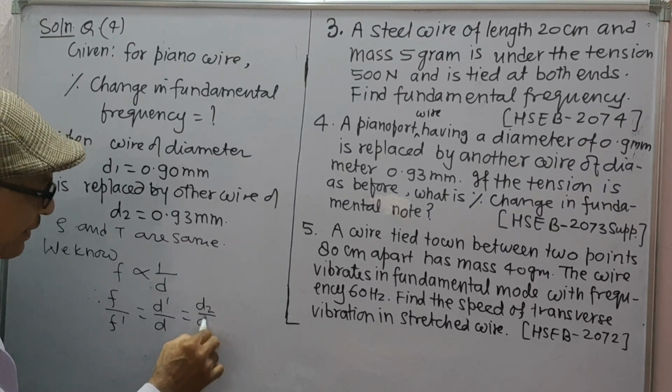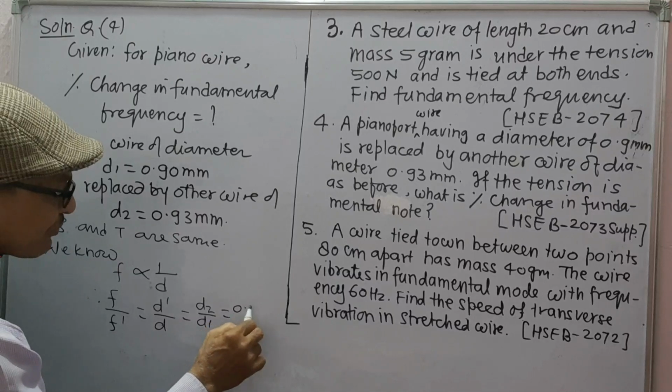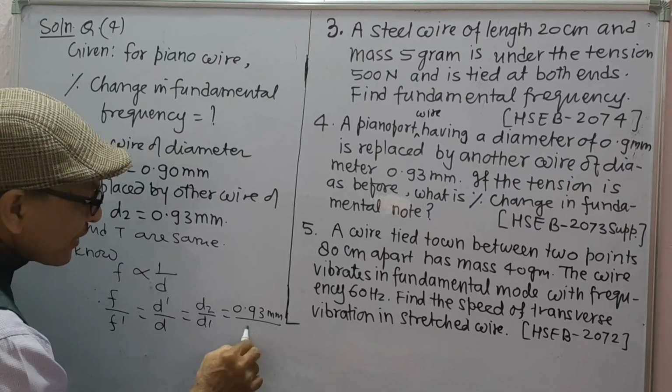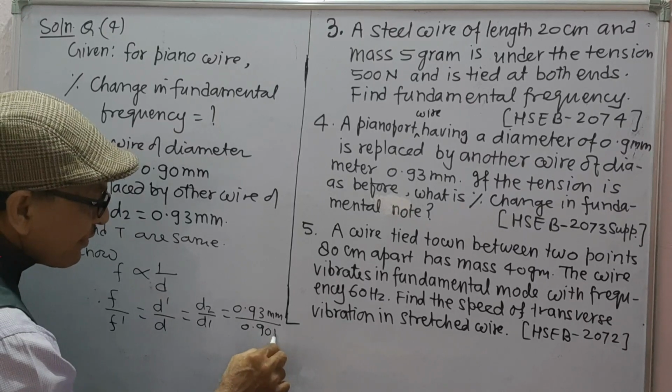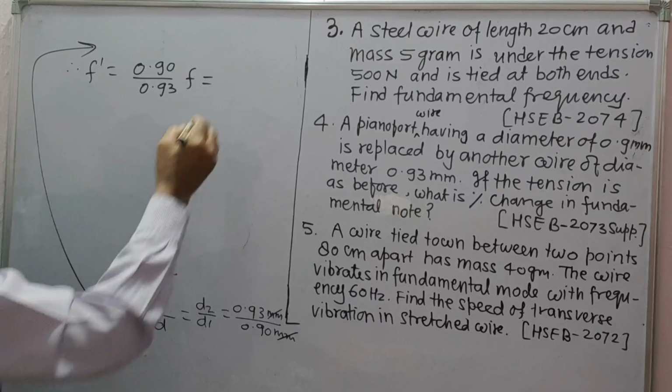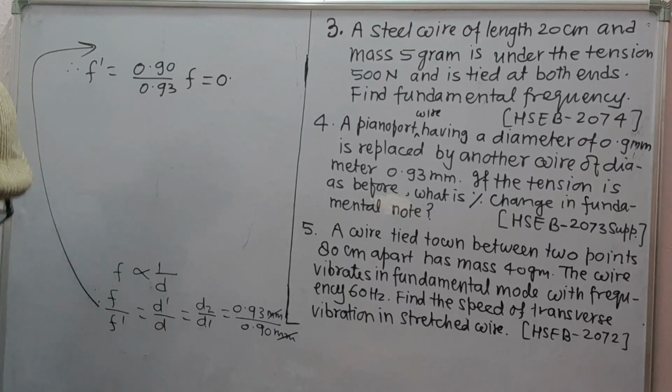D2 is 0.93 millimeter and D1 is 0.9 millimeter. Millimeter cancels out. We get 0.967.